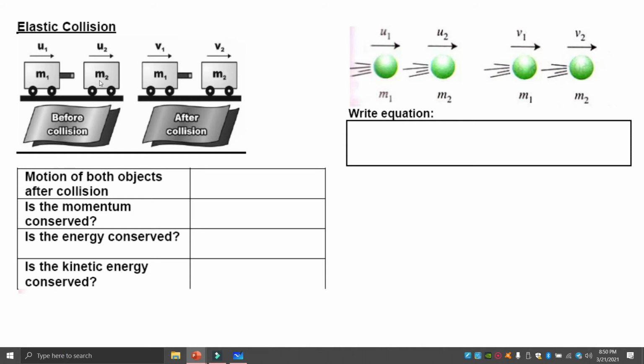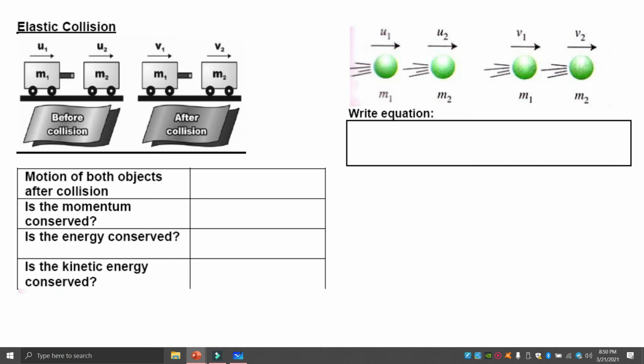When M1 and M2 collide with each other, the objects will move in separate ways. Even if they move in the same direction, they do not stick together.